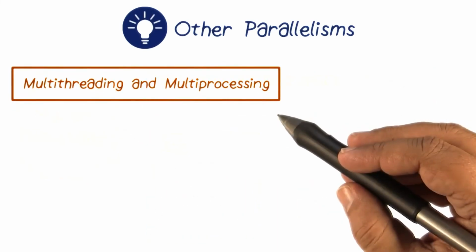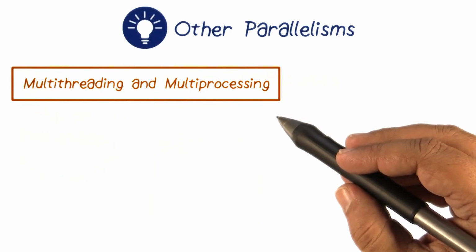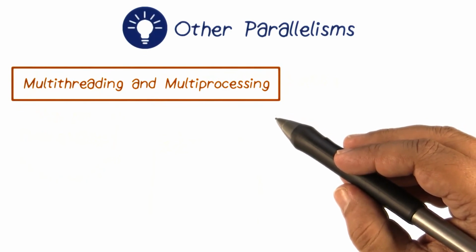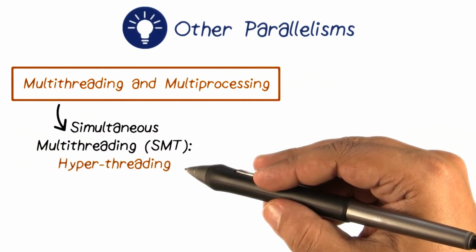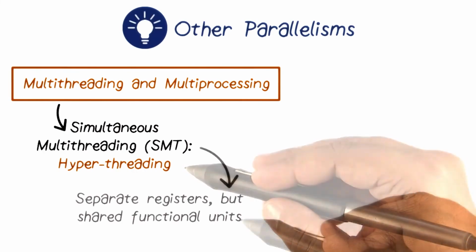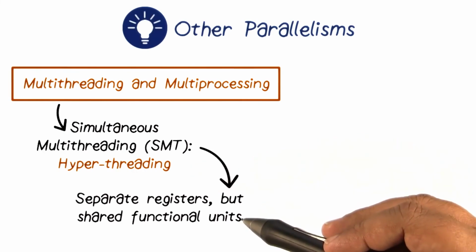What are the other types of parallelism apart from vector processing? One of them could involve multithreading and multiprocessing. One of the important forms of multithreading is called simultaneous multithreading, in which the same ALU is shared by two different threads interleaving their instructions. So the question is, how does it work or how is it implemented?